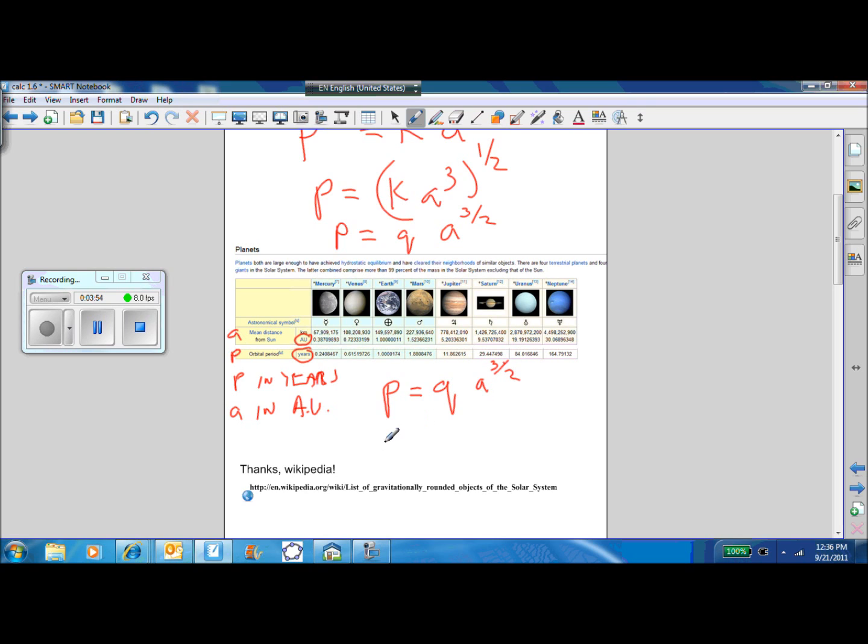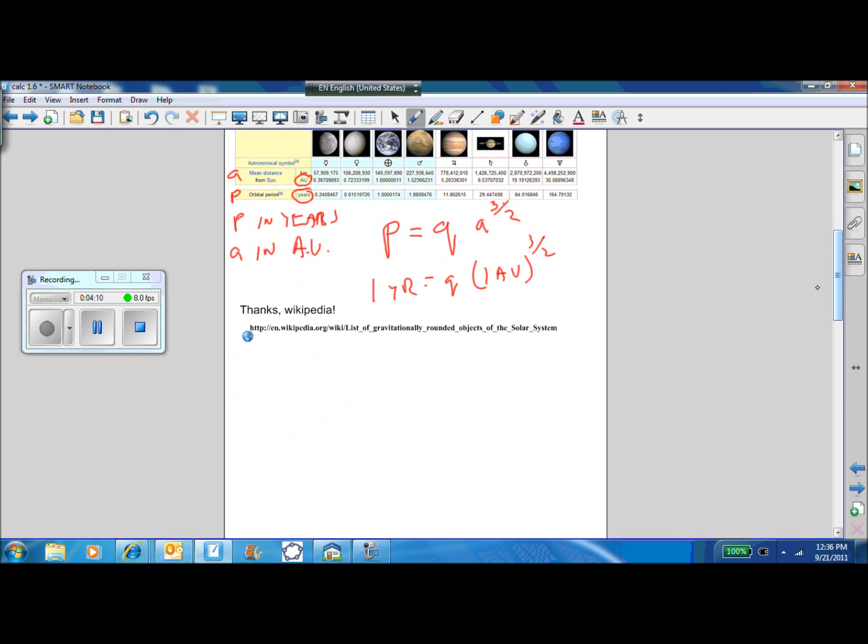We're going to have P for the Earth is 1 year equals Q times A, which is 1 astronomical unit, raised to the 3/2. And anything to the 3/2 is 1. But what you see here, we get for our formula then for Q, we get basically 1, in astronomical units to the 3/2 power over years.